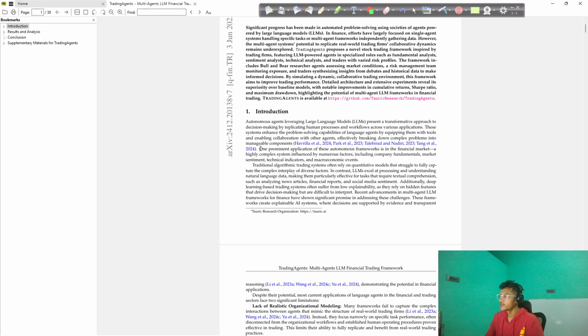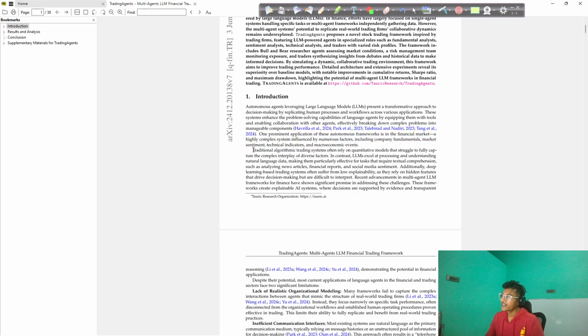And so let's continue. One prominent application of these autonomous frameworks is in the financial market, a highly complex system influenced by numerous factors, including company fundamentals, market sentiment, technical indicators, and macroeconomic events.